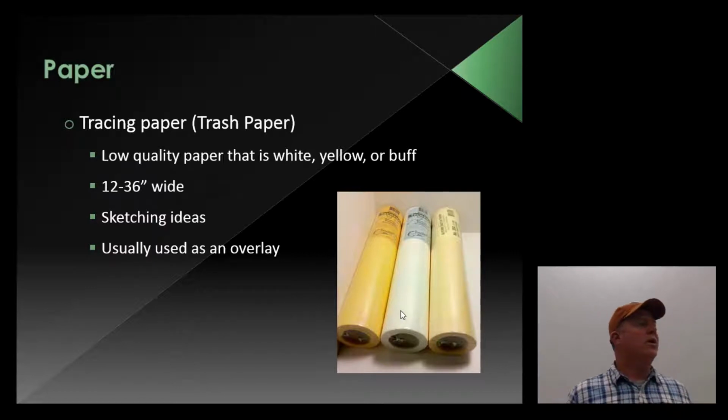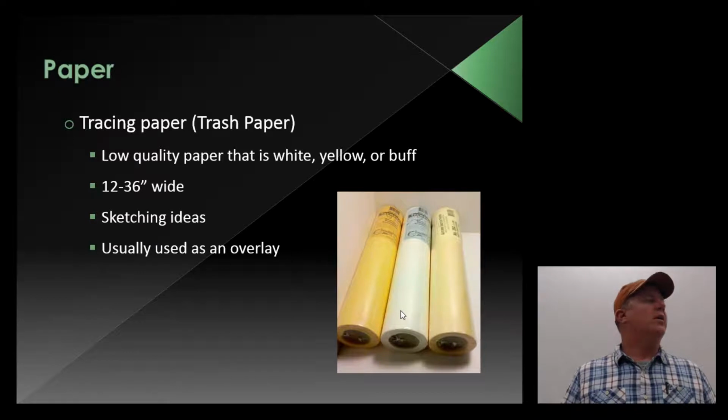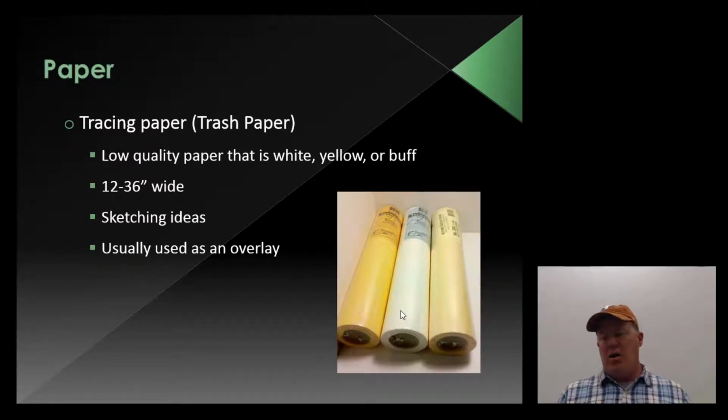And I'm trying to see if I've got some papers close by on my tables. But also with the larger rolls, if we're drawing on a 24 by 36 sheet of paper, or vellum that we'll see here in a sample in the next few slides, we can take this tracing paper and do overlays over it.